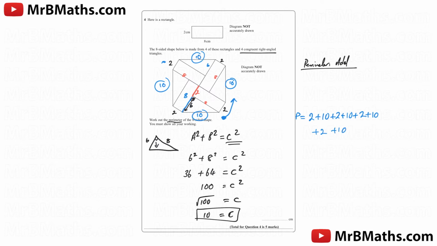Or of course you've got the quicker way: you could just say P equals 4 times 2 and then 4 times 10. So 4 lots of 2 and 4 lots of 10. Well, that's going to be 8 and 40. So therefore the total perimeter is 48 centimeters.